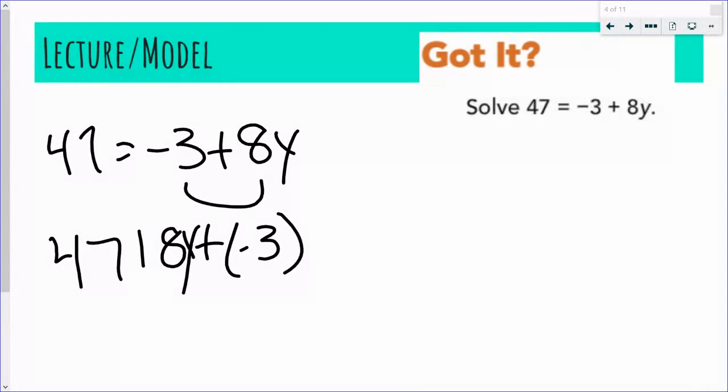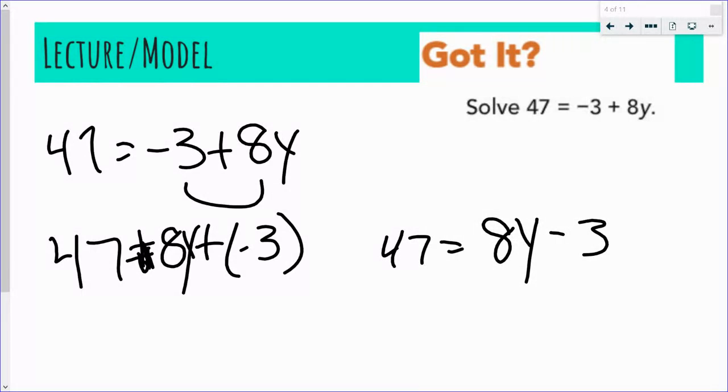Oh, that's going to be an equal sign, not an addition sign. Okay, so now I have 47 equals 8y plus -3, which is the same as 47 equals 8y minus 3, because when we're adding a negative, we're really subtracting.